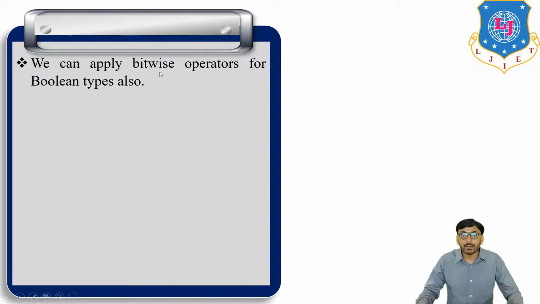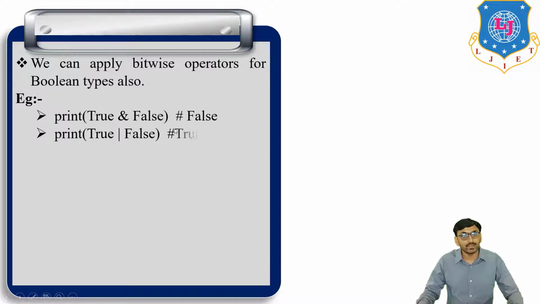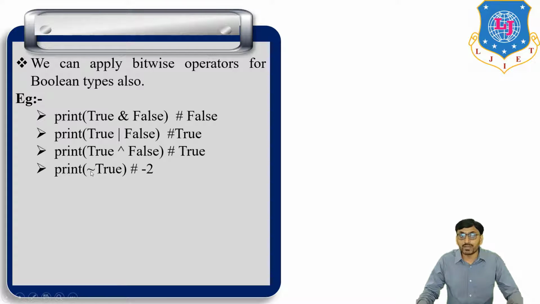We can apply bitwise operators for boolean type also. For example, print true and false, the answer is false. Print true or false, the answer is true. Print true xor false, the answer is true. Print bitwise complement of true, the answer is -2.